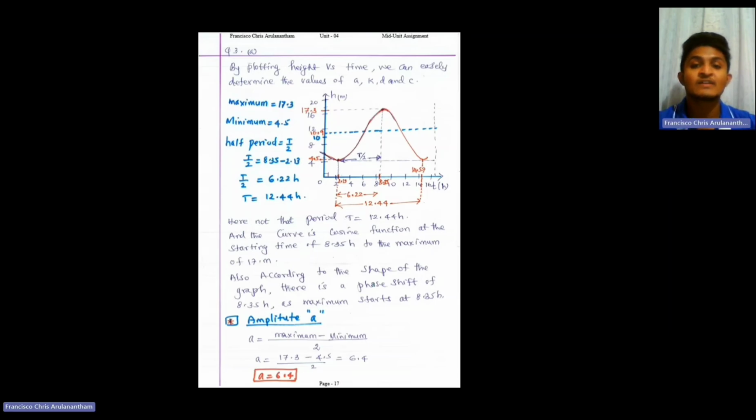Also, according to the shape of the graph, there is a phase shift of 8.35 hours, as the maximum starts at 8.35 hours.